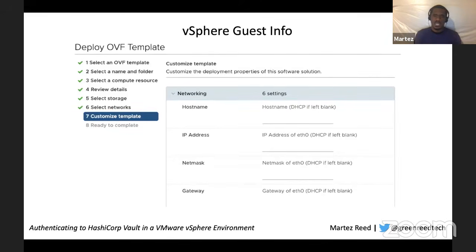And so the thought is, how can we leverage this native capability to populate or provide information to the virtual machine that it can be aware of as part of the process to integrate with HashiCorp Vault and essentially mimic a metadata service at the VM level?